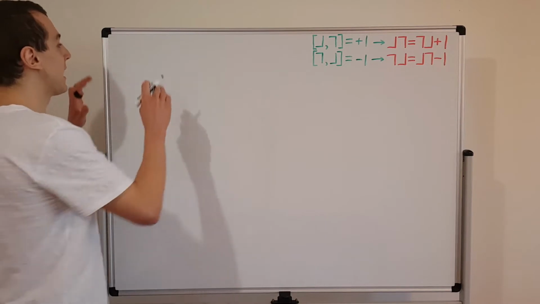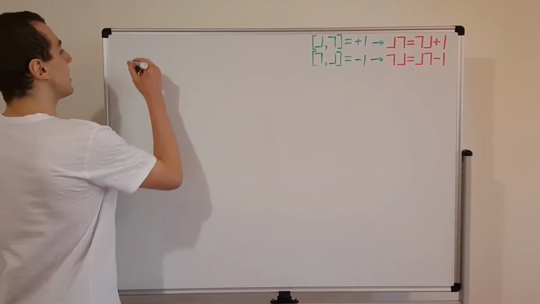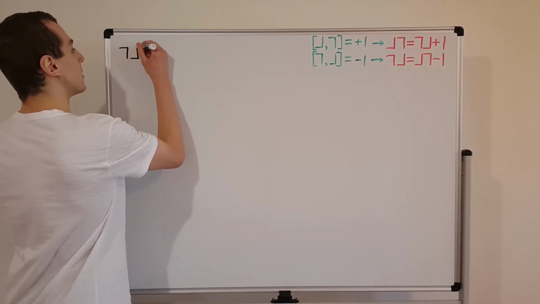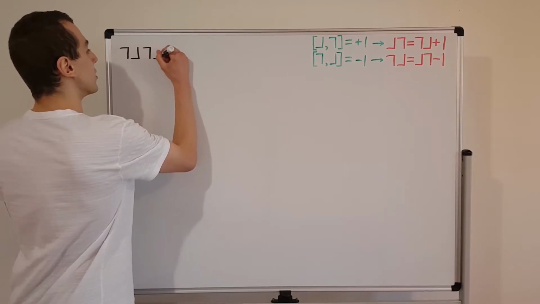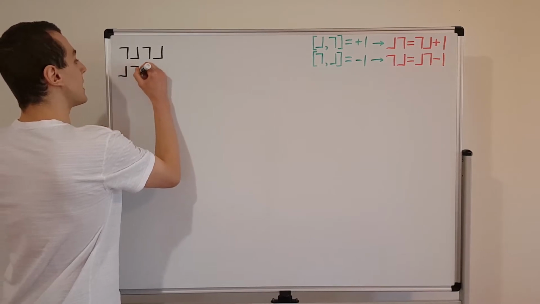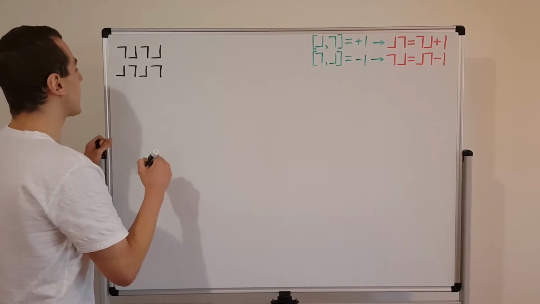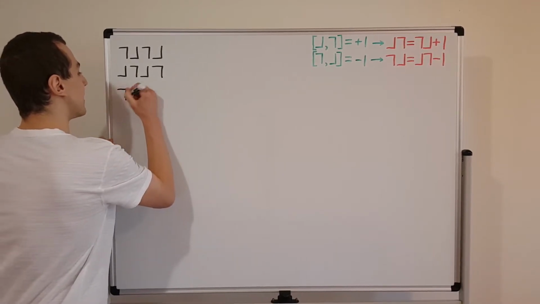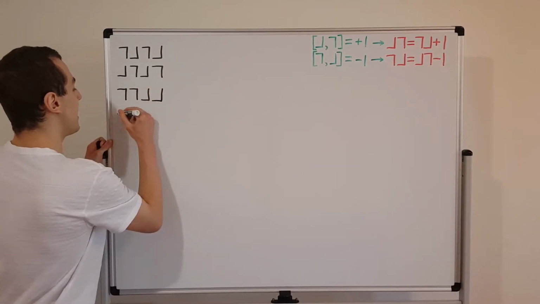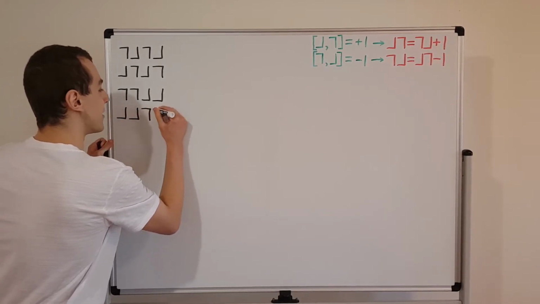I'll write them in a special order, which is going to allow us to organize them. First, let's have a look at this term. We have raise, lower, raise, lower. Then let's have a look at lower, raise, lower, raise. After that, we'll have a look at raise, raise, lower, lower, and then lower, lower, raise, raise.